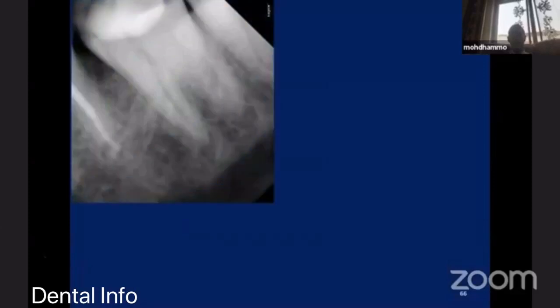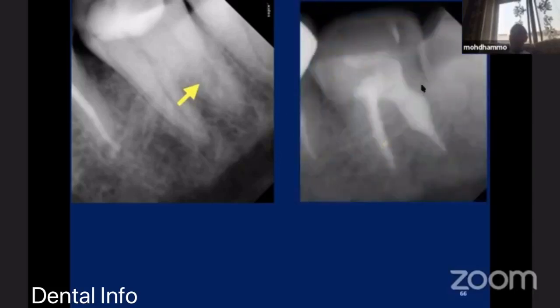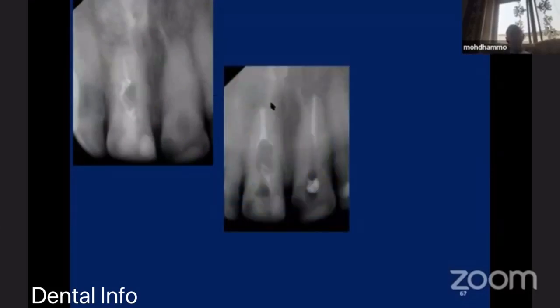So like here, we have internal resorption. The apical part is filled with down pack obturation, and this part we will use the Guttapercha gun. And with this technique, we can fill adequately the resorbed part of this canal. Here, the apical part is filled with the down pack technique.